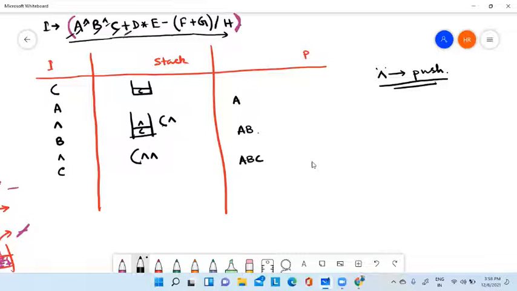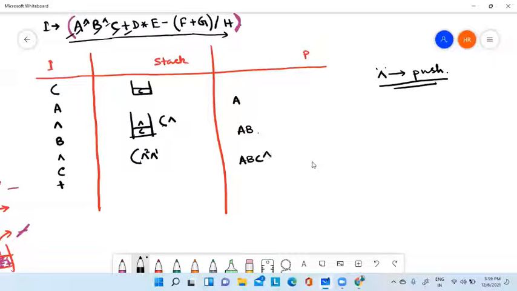Then plus. Okay, now repeatedly pop all the operators having higher or same precedence. See, in the stack we have to the power, which has higher precedence than the plus. So these two will be repeatedly popped, first this one, then this one.